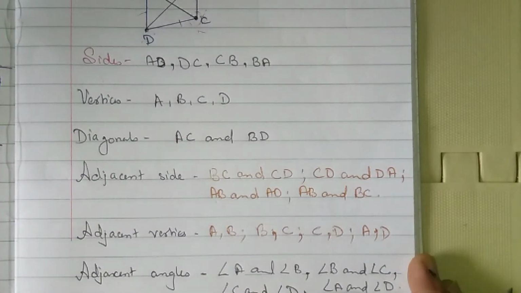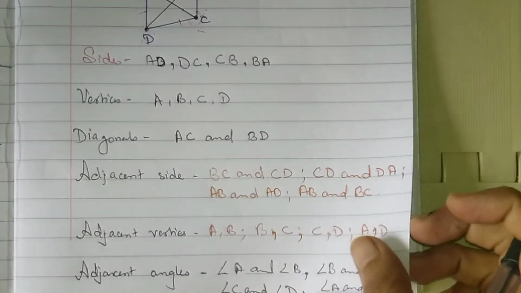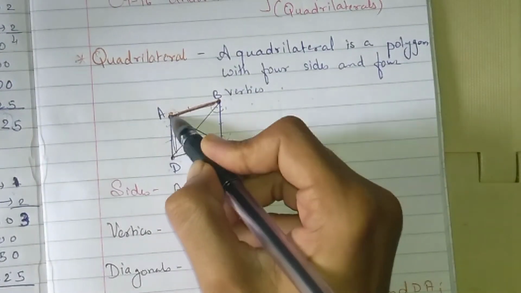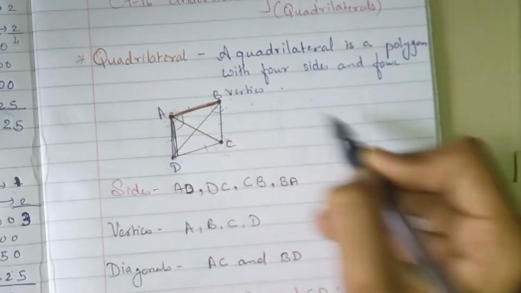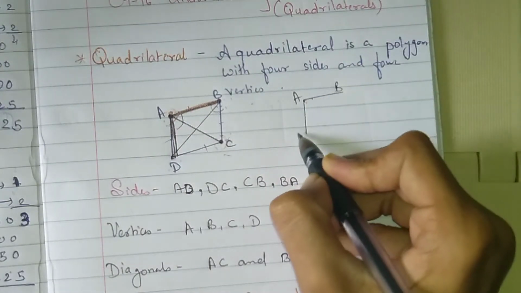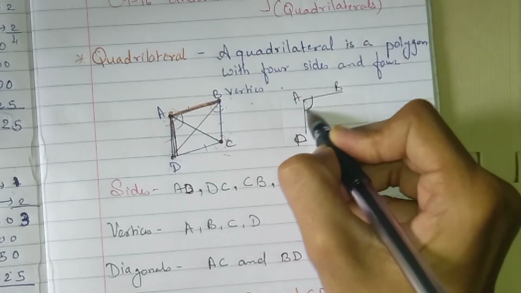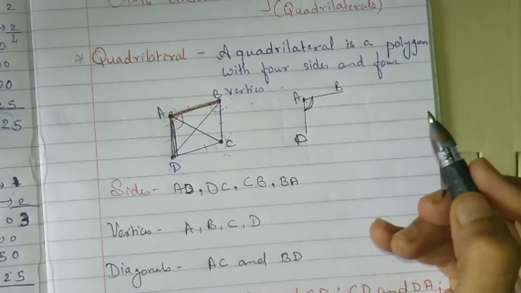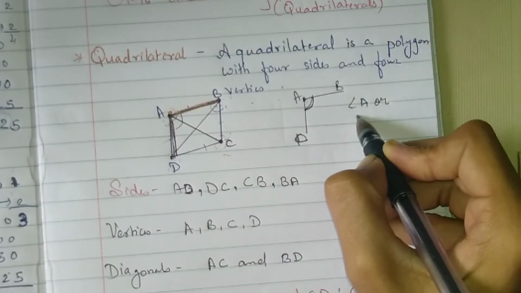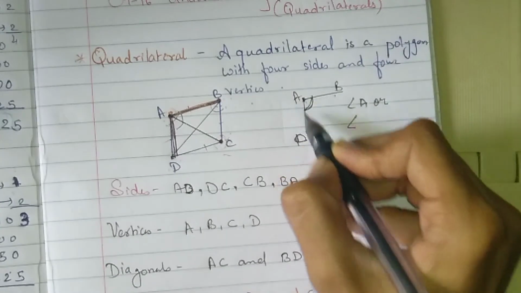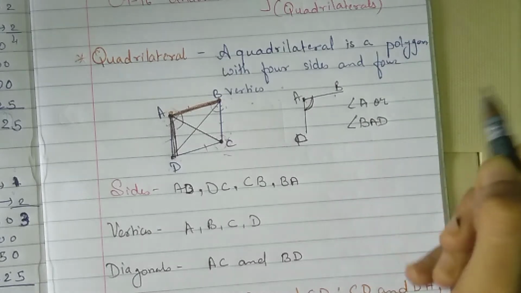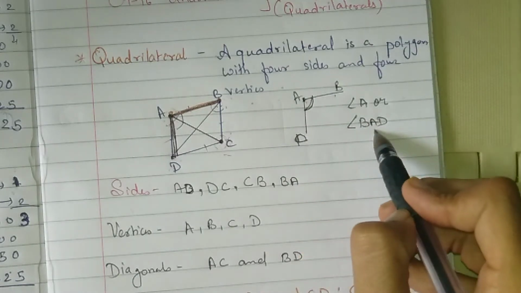Now, what are called the angles? If I take this angle, here it is B, A and D, I am taking this angle. So how can you indicate this angle? You can write angle A, or you can write angle BAD. If you are indicating that angle, A should be in the middle.